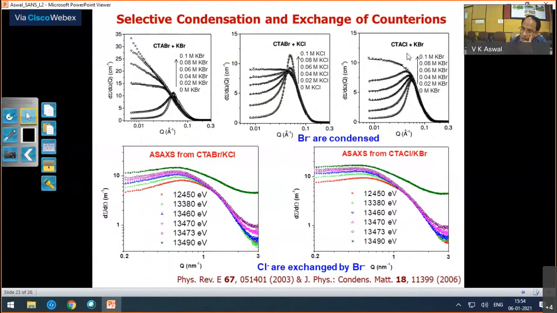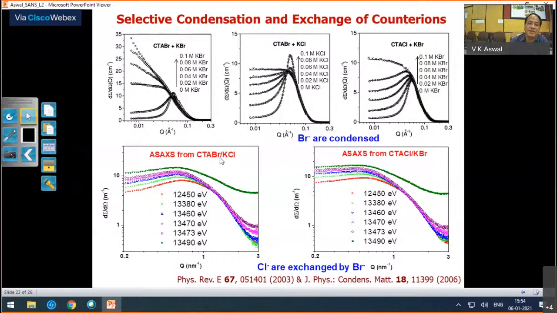But what you want to see is whether bromide still has a similar effect for the original chloride counterions. So what is happening? Whether your chloride counterions are completely replaced by bromide or there is exchange, that you want to verify. For that, this technique is the unique technique, anomalous small angle X-ray scattering.